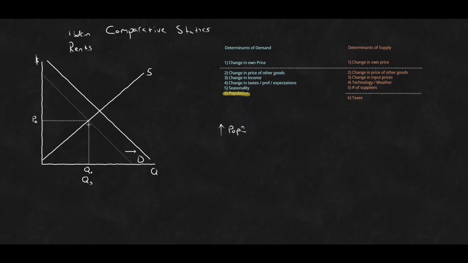Then, at this current price, take that across, we have our new quantity demanded. So there's our new quantity demanded. The result of this is that at the current price, we have excess demand.